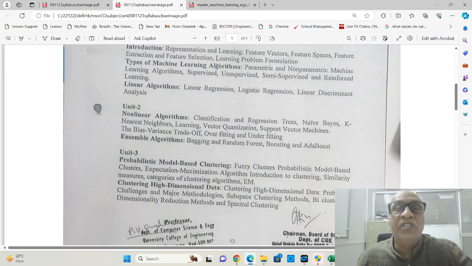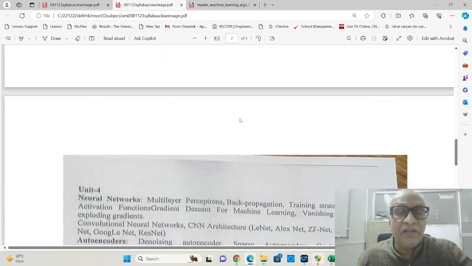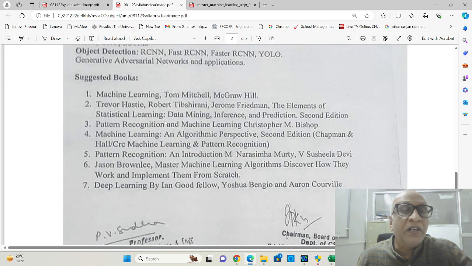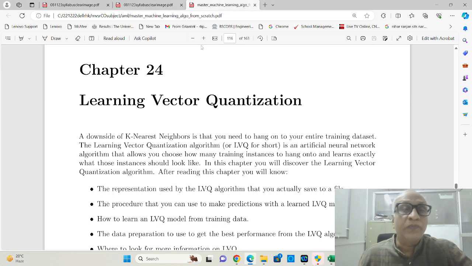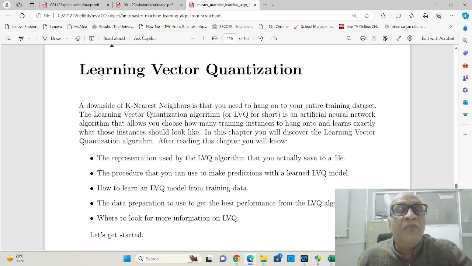So I'm directly using this textbook, Mastering Machine Learning, by Jason Brownlee.